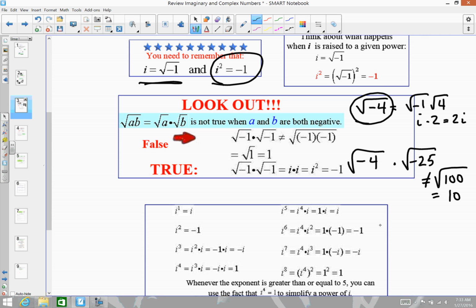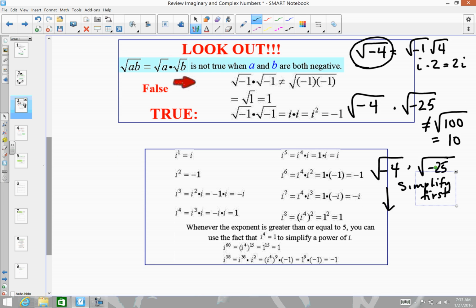Think of it this way. If I have a negative 4 under a radical and I'm multiplying it by radical negative 25, simplify first using I. In other words, this radical negative 4 becomes 2I, and the radical negative 25 becomes 5I.